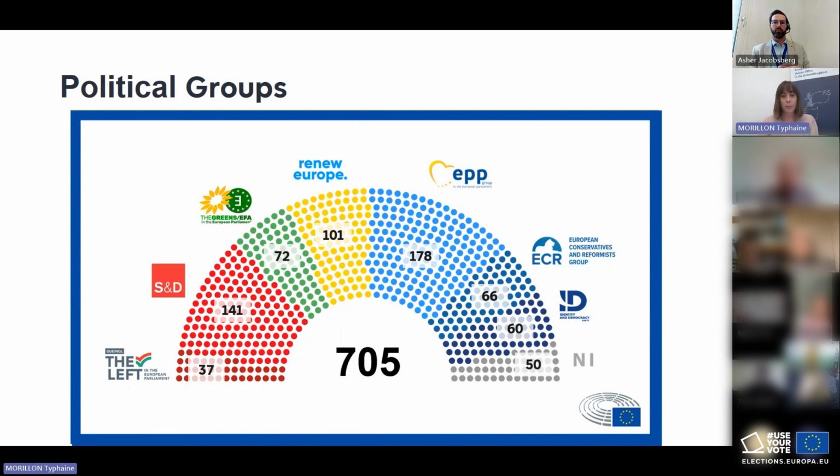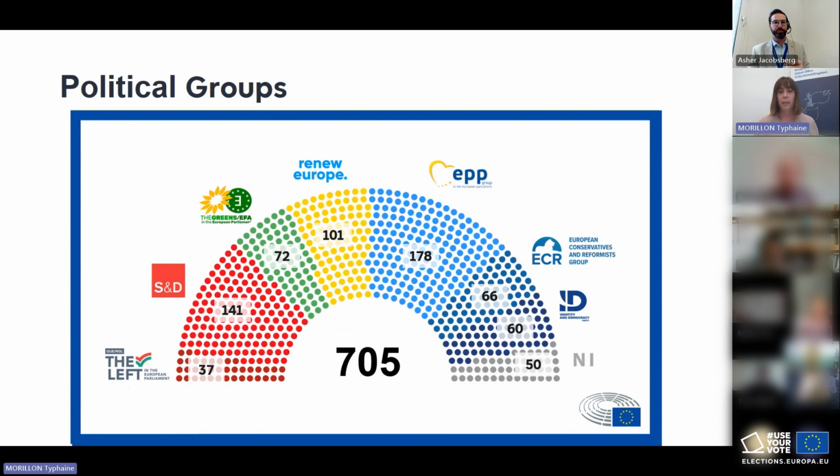So that is sort of the political picture of the European Parliament, and that is what defines everything within the European Parliament. So the chairs of the committees, for instance, the number of vice presidents, but also on a very practical and daily level, the number of legislative files that each political group deals with is based on this.